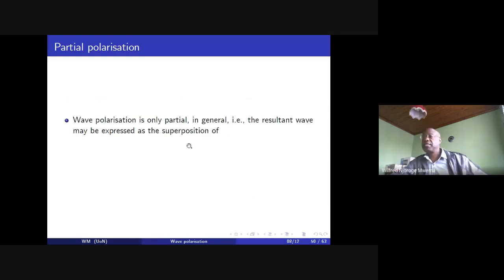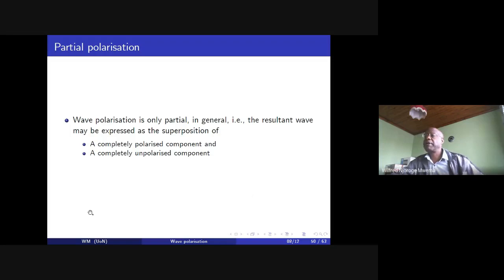So the wave polarization will in general be partial, and we can say that the resultant wave can be expressed as a superposition of a completely polarized component and a completely unpolarized component.